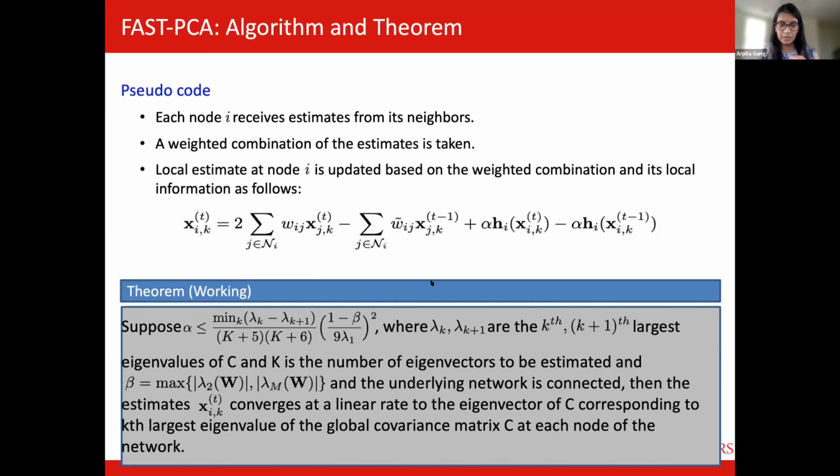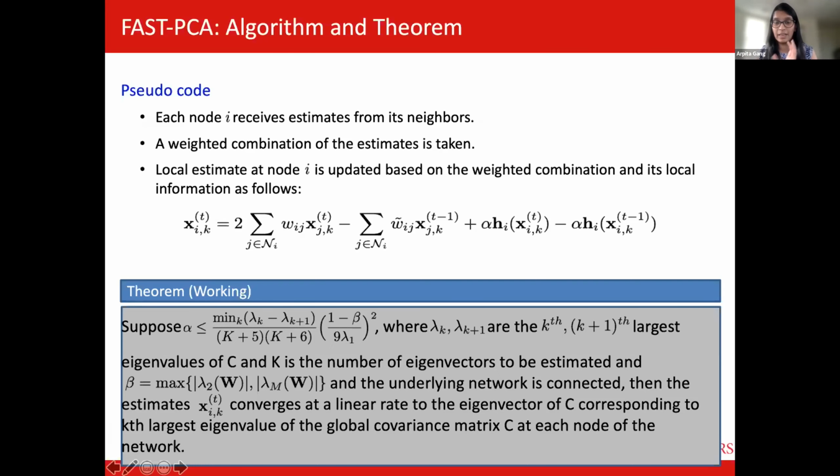I'm still working on this theorem, but this is the crux of it: this FAST-PCA algorithm actually converges at a linear rate to the eigenvectors of the global covariance matrix C, which is the covariance estimated from all the data points, not just the data of any one or two nodes, but all the data points in the network.